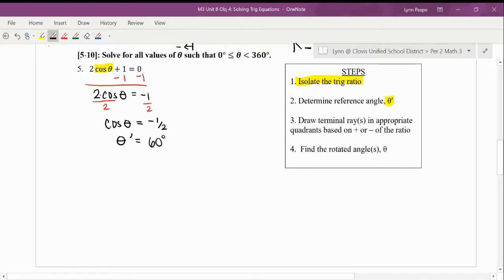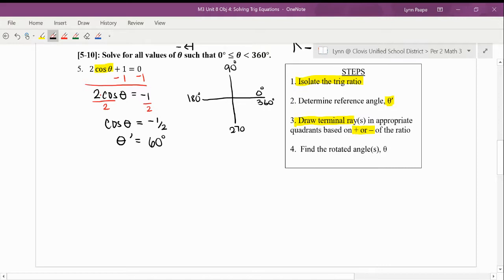So now my next step is I want to draw the terminal rays. I have to draw out my terminal rays in appropriate quadrants based upon the positive or the negative of the ratio, right? So I'm just going to sketch this out right here. So I know this is 0 degrees, 90, 180, 270, and 360.